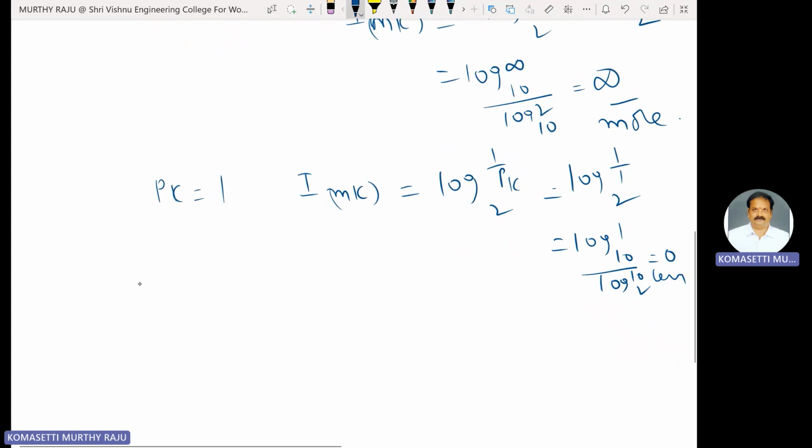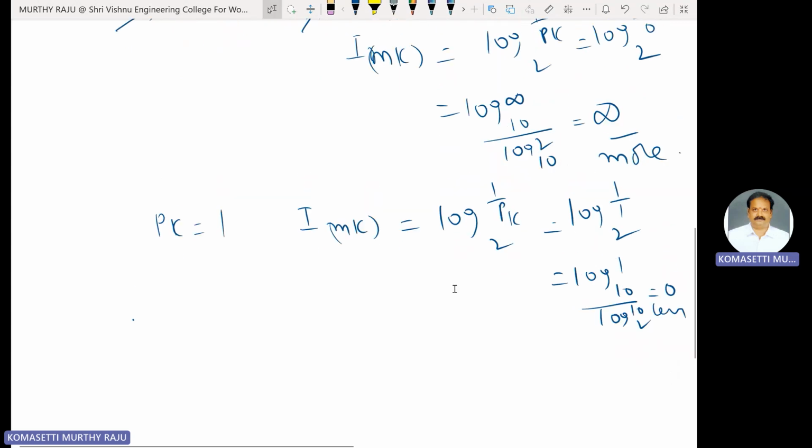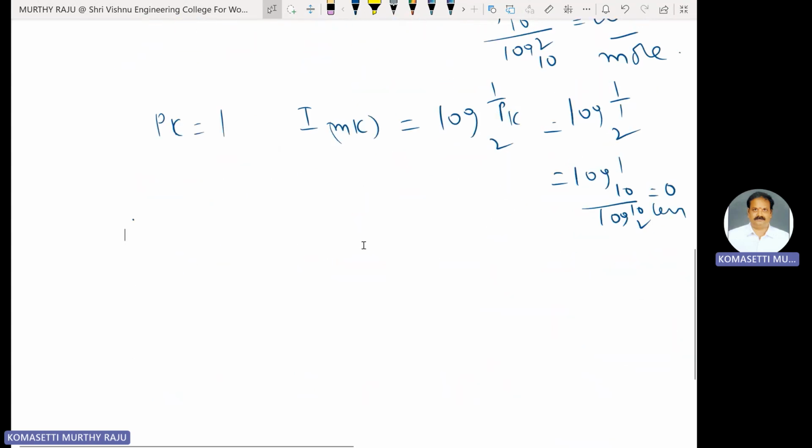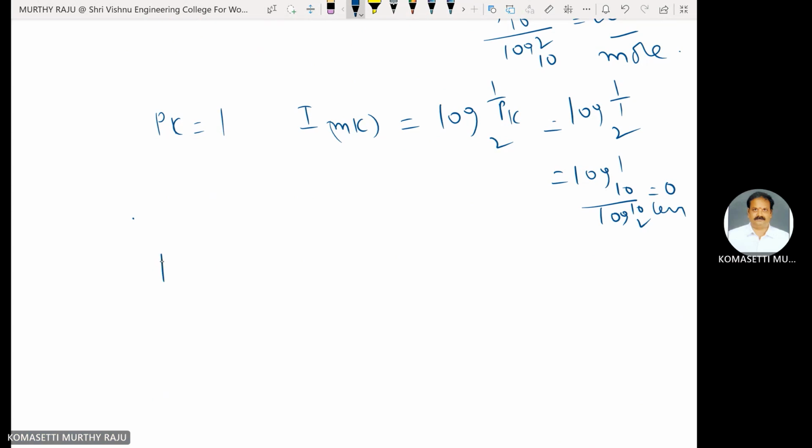Therefore, consider both the cases, PK is equal to 0 and PK is equal to 1, and also the value of PK lies in between 0 and 1. Sometimes consider PK is equal to half. So in some cases, surprising events are there.